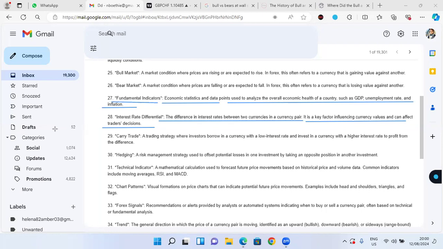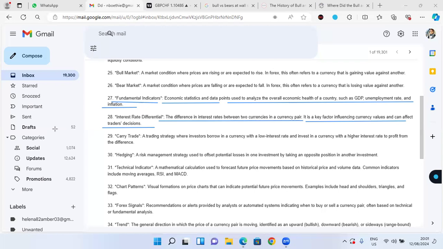What usually happens is when you use leverage, remember leverage, you are given a loan, and you use it to trade. When you trade, you either buy or sell. When you buy, you are buying a certain currency and selling a certain currency simultaneously.